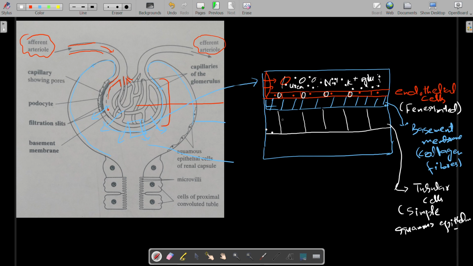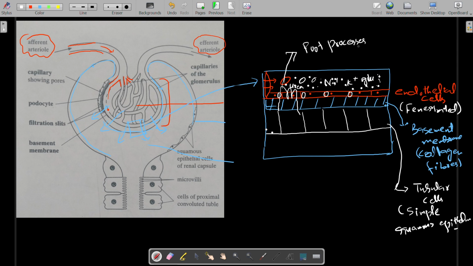Now see, some of the cells of this layer go as far as your endothelium and form these foot-like projections. They essentially hug your endothelium and make these foot-like processes, like the digits of your feet.